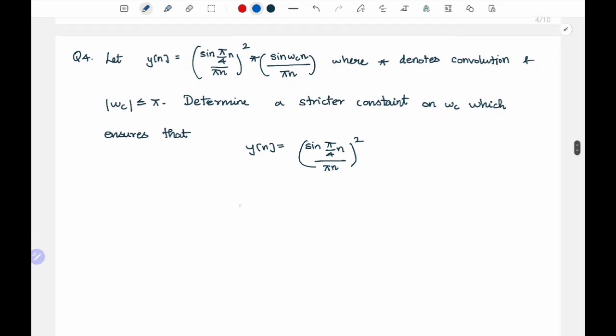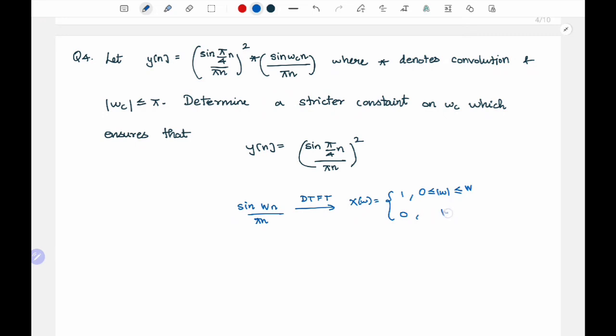So we know our relation that sine w n by pi n is going to have a discrete time Fourier transform X of omega given as 1 for mod omega less than or equal to w, and 0 otherwise.